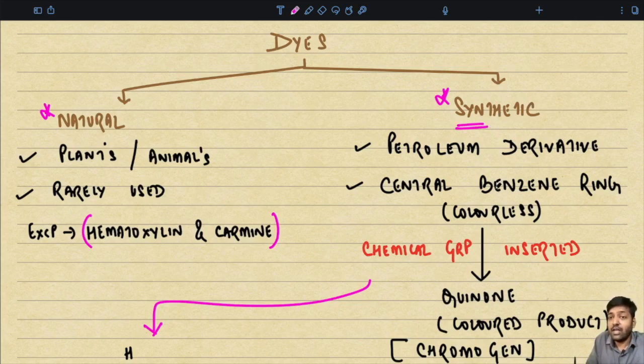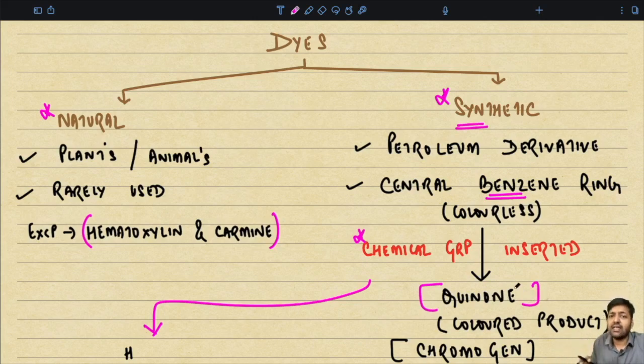Most synthetic dyes have a central benzene ring which is colorless. If a chemical group is inserted in this benzene ring, it changes into a colored compound called quinone, which acts as a chromogen, that is giving color.